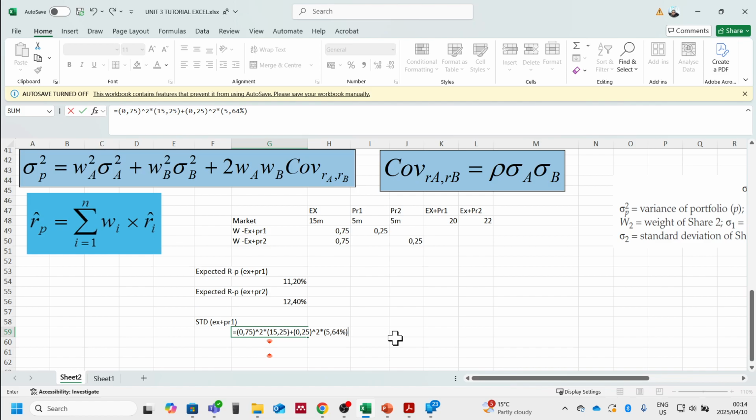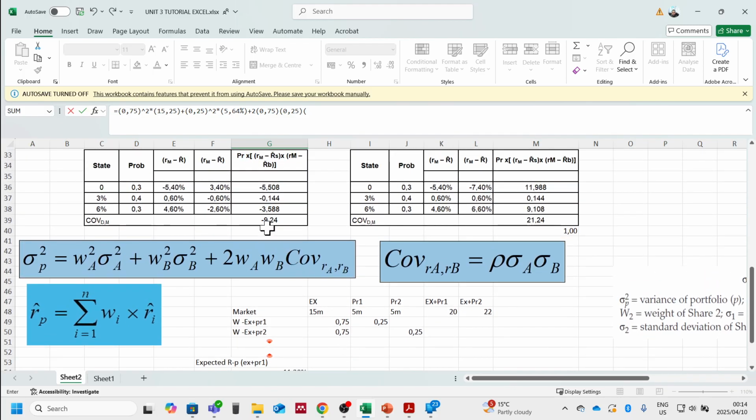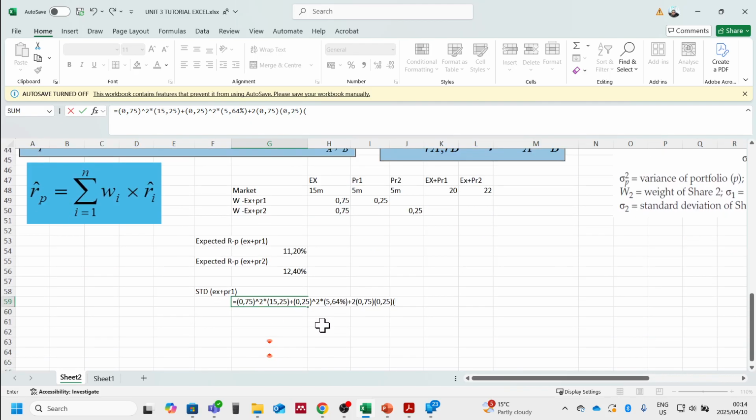And then we say plus 2 multiplied by the weight of the existing project, 0.75, again multiplied by 0.25, again multiplied by the covariance, which is minus 9.24.